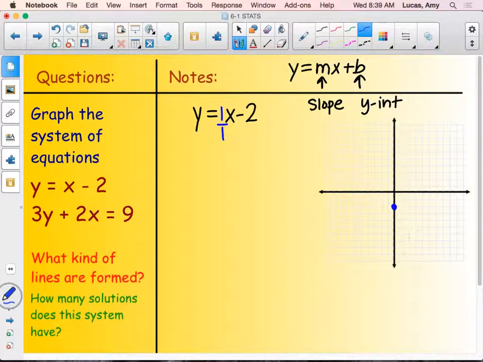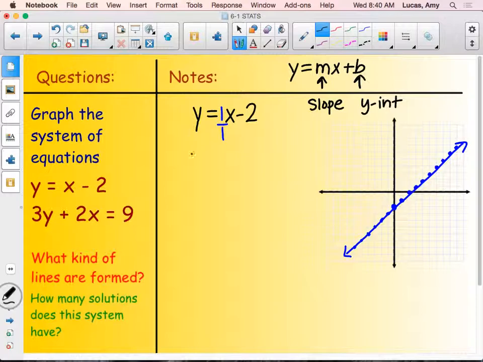So from my intercept, I'm going to use my slope, go up 1 over 1 to the right, up 1 over 1, and then keep going. Because I'm looking for where these lines intersect, I'm going to extend my line in both directions to make sure that I'm giving myself enough points to find the intersection, if they do intersect.